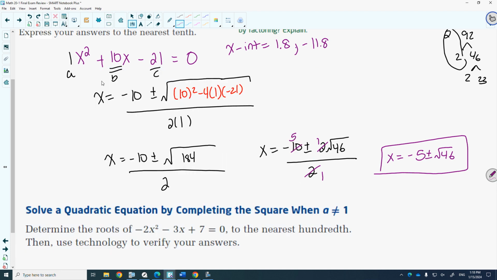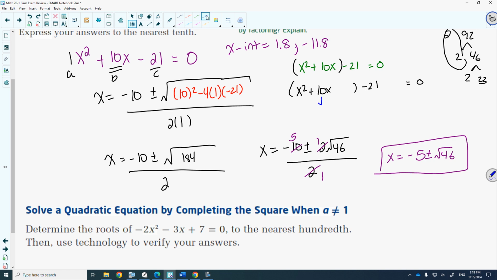Okay, let's complete the square. How would you solve this by completing the square? So write out your equation. Put a bracket around the first two terms. Rewrite it. Give yourself some space, like we've always been doing. So x squared plus 10x, and then just put that equal to 0 over here.